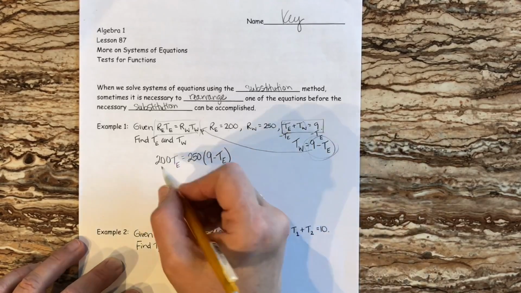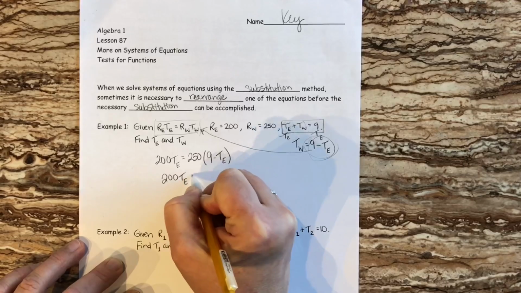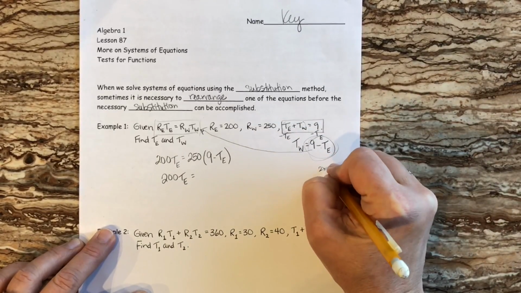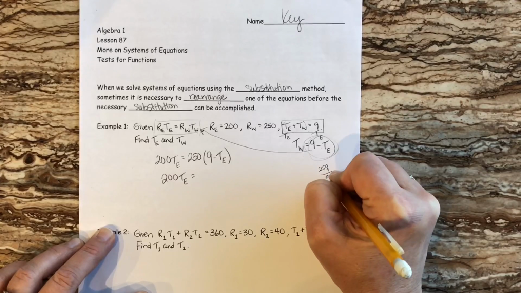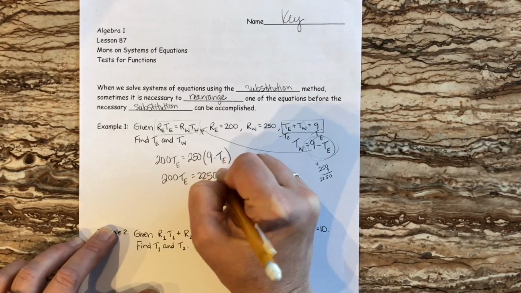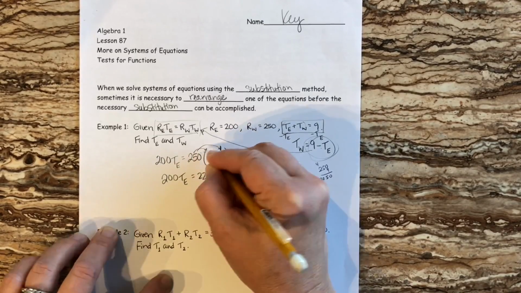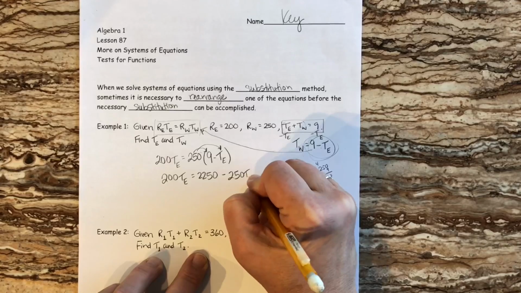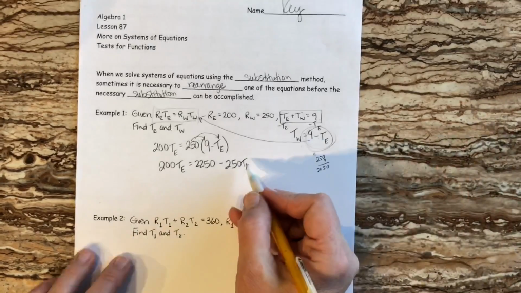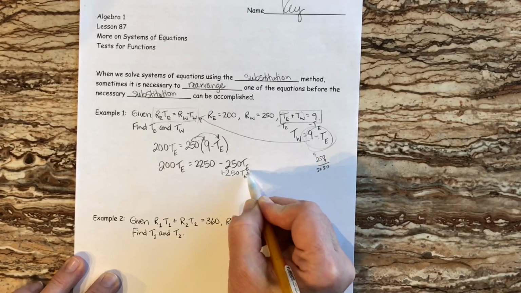And that's my goal. So now I have 200 T sub E equals, what's 250 times 9? I can just come over here really quickly and figure that out. 2250 minus, and I'm distributing here, 250 T sub E. I already have all of my like terms.